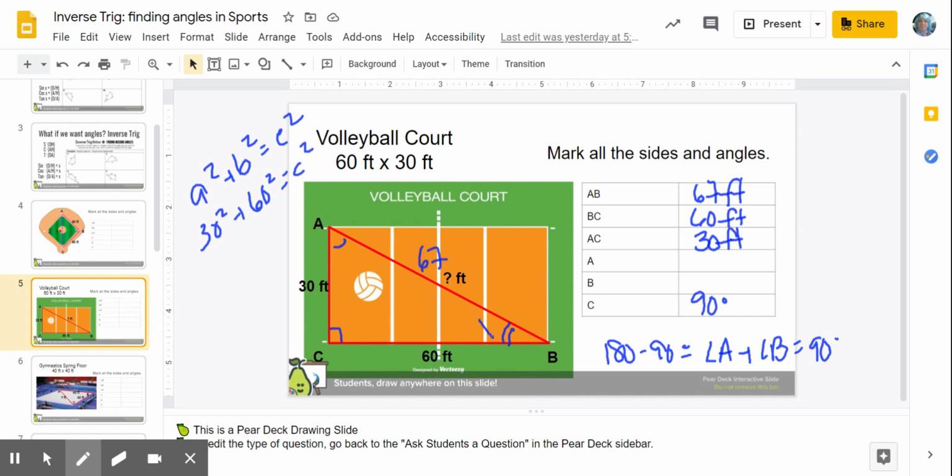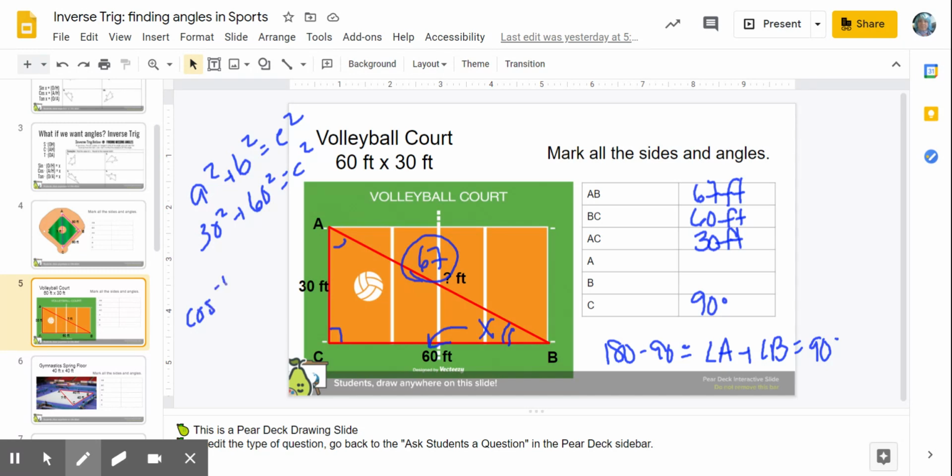Let's make B the x. Can I use inverse trig? Which two sides do you want to use? Because we have 3, we just need 2 of them. You want to do cosine? So cosine would be adjacent and hypotenuse.